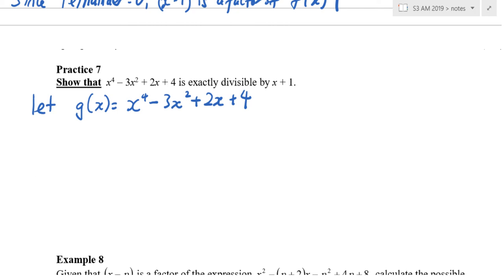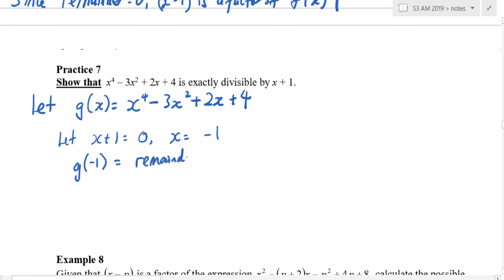Not every time must be f(x). What do you do? Equals to remainder. g(negative 1) equals to what? Put in. Remember all the brackets. Remember to use your calculator.